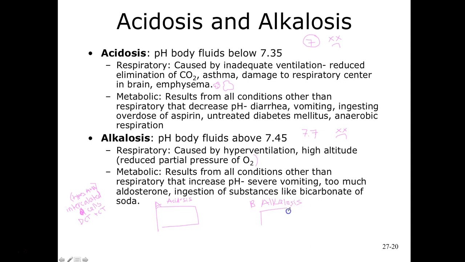So here's my cuboidal cells here. What's cool about these cells is they are going to work differently depending on if you have acidosis or alkalosis. So type A is going to work, and I'm just going to write these out.